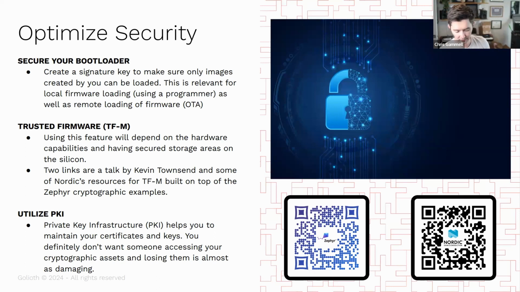But also, you might have different SKUs within your corporation, different products, and if you mistakenly send the wrong firmware update to the wrong device, having a key in the bootloader will alert you that, hey, this doesn't work on here because this is the wrong product. So another easy thing there.